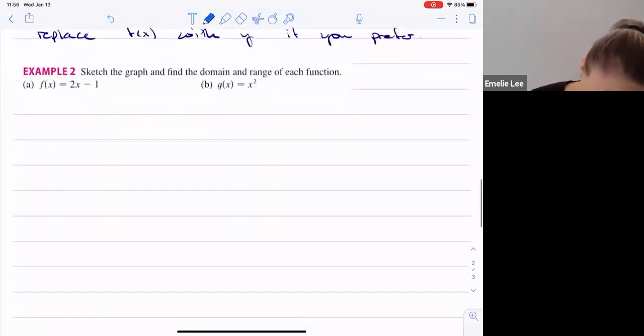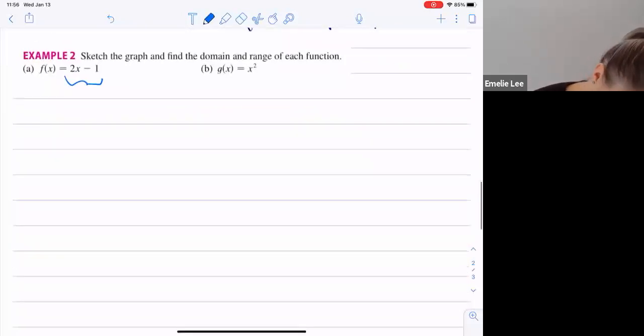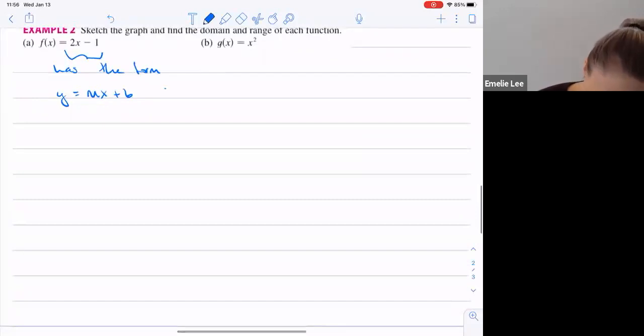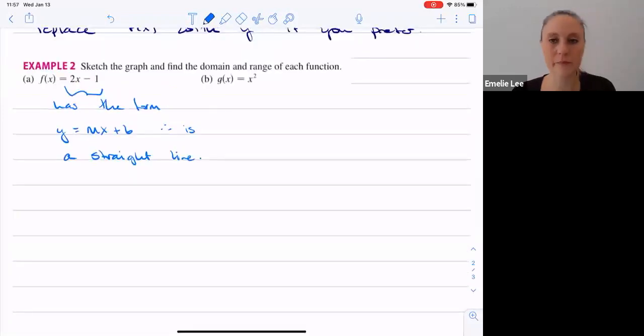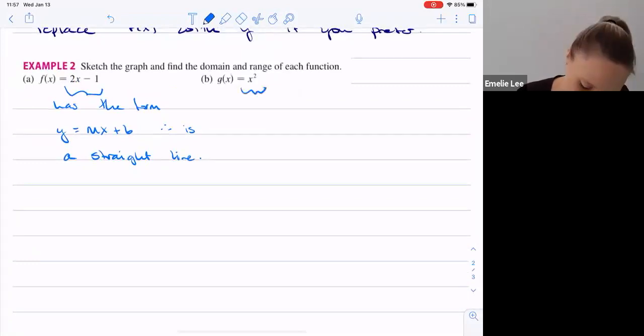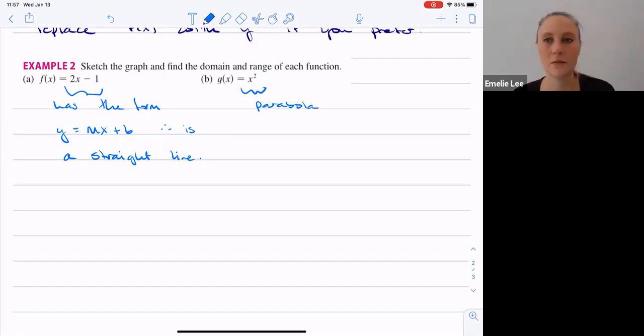So here, this has the form y equals mx plus b, therefore is a straight line. Whereas here, this is a parabola, with no transformations on it. So it's just a quick parabola.